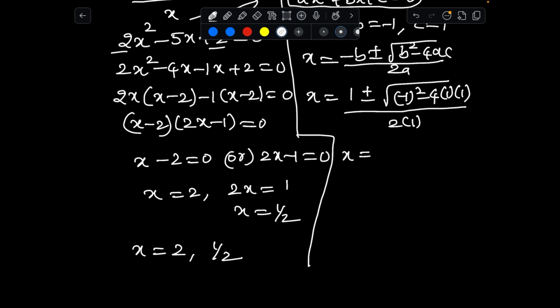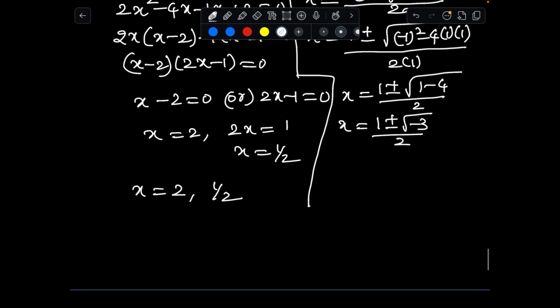x = (1 ± √(1 − 4))/2, so x = (1 ± √−3)/2. We know that i² = −1, so i = √−1.